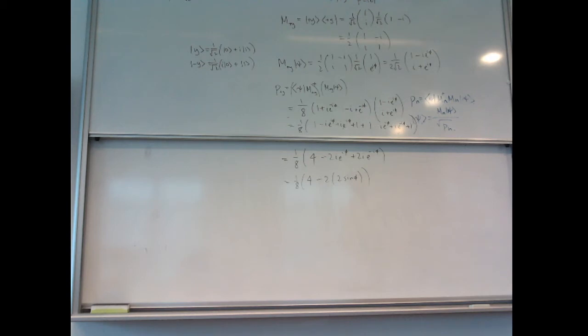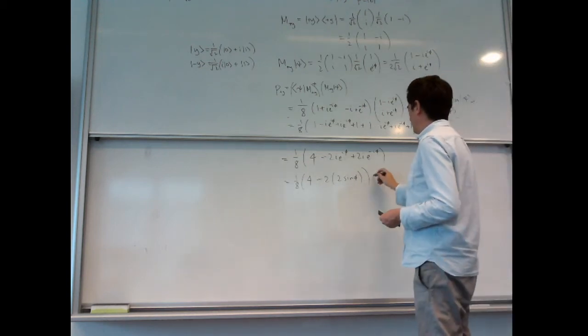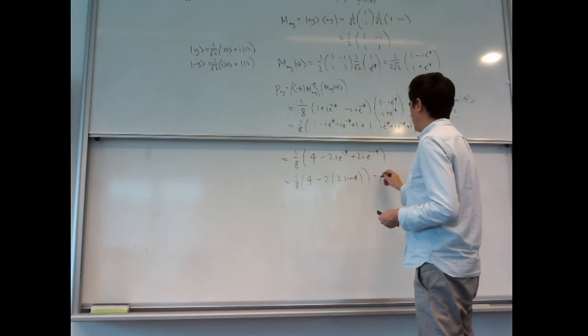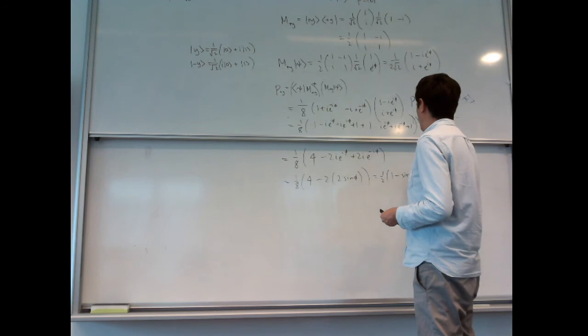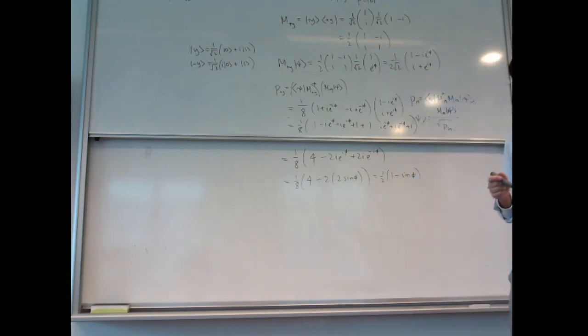So they subtract, right? By, yeah. And so this should be a half of 1 minus sine phi.